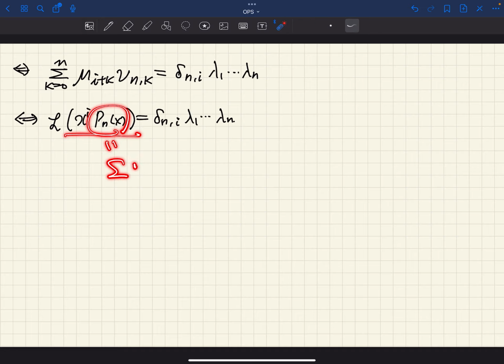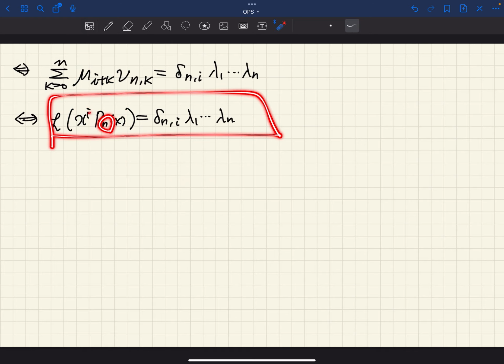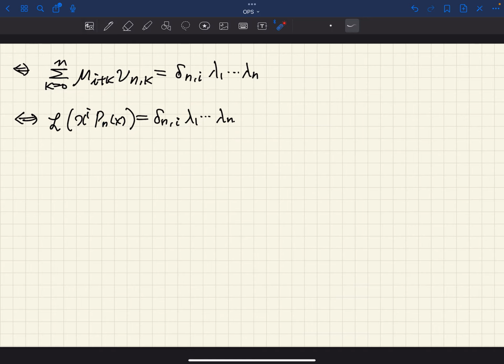This is nu_{nk} x^k, so these two combine together, x^{i+k}. If you apply this, then you get this. We know this is true because if i is less than n, this is 0. We know from orthogonality, and they are equal, then we get this. So this is something that we can see from this orthogonality as well.